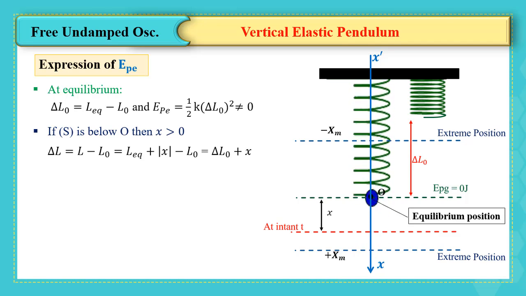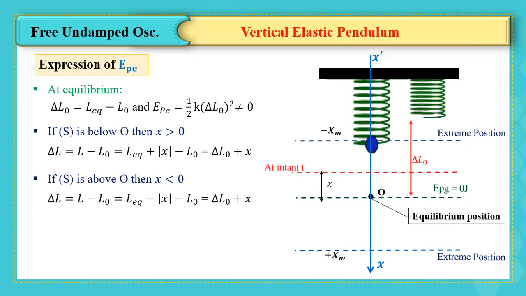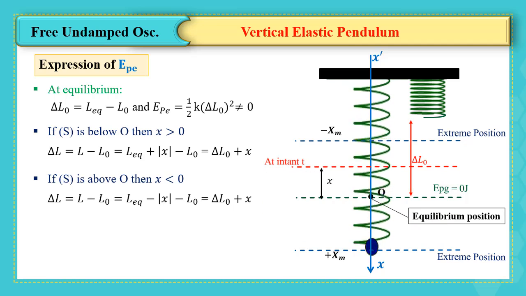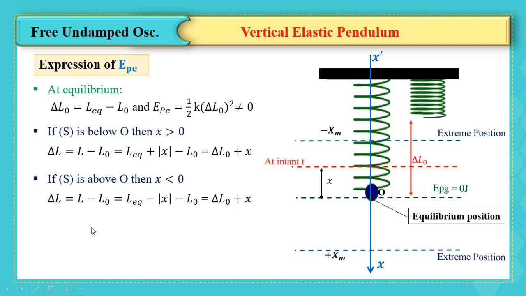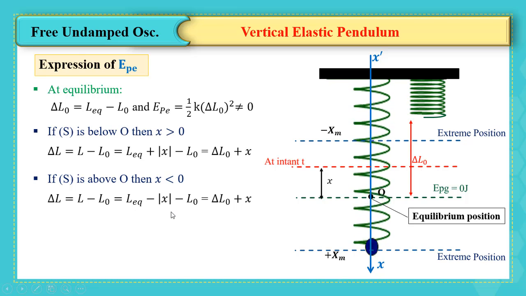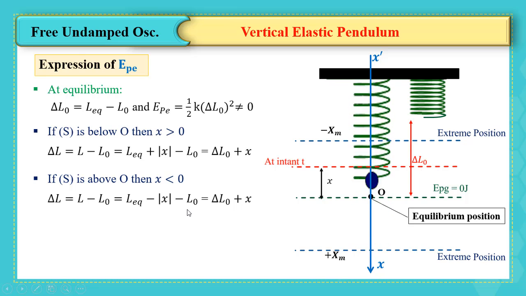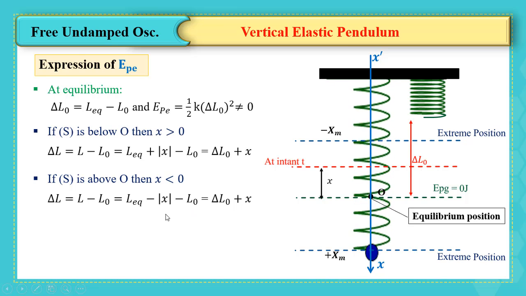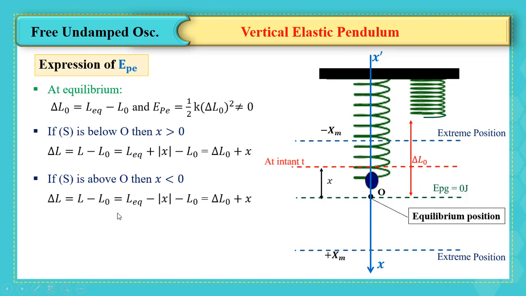If S is above O, then x is negative. Delta L, which is L minus L0, equals L equilibrium minus the absolute of x, minus L0. Then L equilibrium minus L0 expresses delta L0, and the answer is delta L0 plus x.